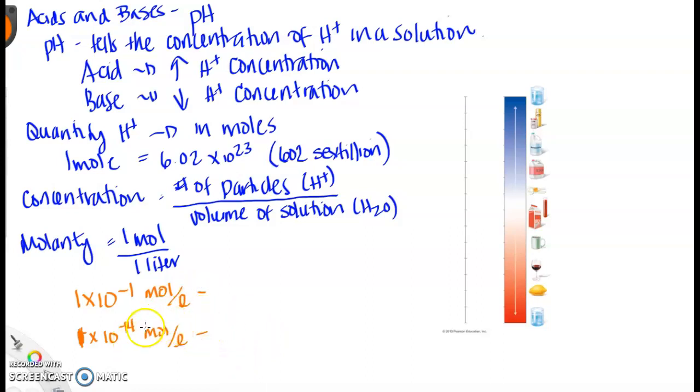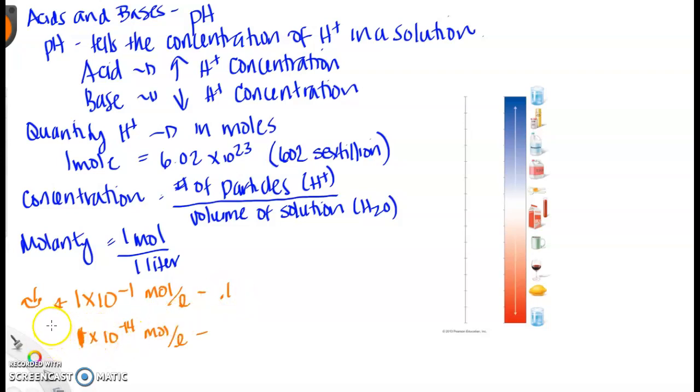Well, hopefully, if you've got 1 times 10 to the negative 1, the decimal is right here, so we're going to move the decimal to the left. So this equals 0.1.